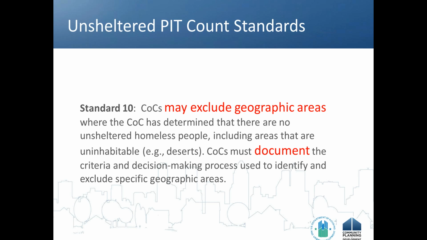We leave it up to you to prove the likelihood. So if you have some sort of way of documenting that homeless persons are not there, maybe you've gone there in past point-in-time counts, maybe you've used your street outreach team. There are various ways to get at it, but you need to show some documentation of why you would exclude an area.